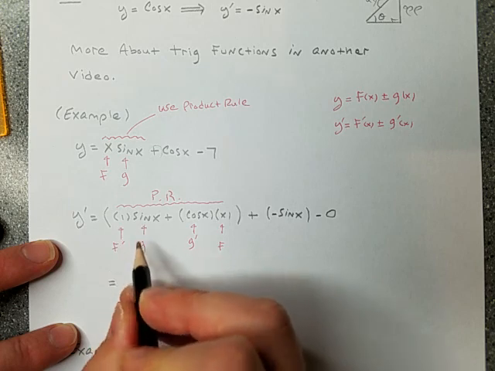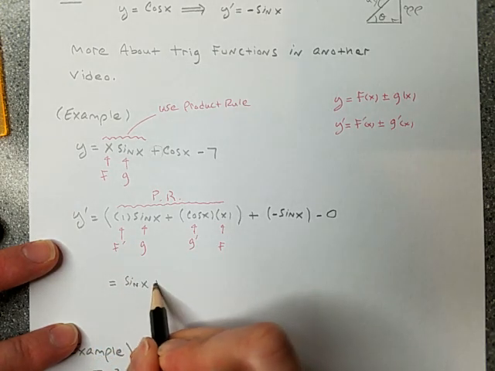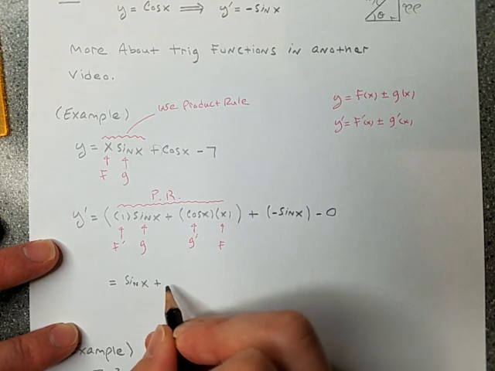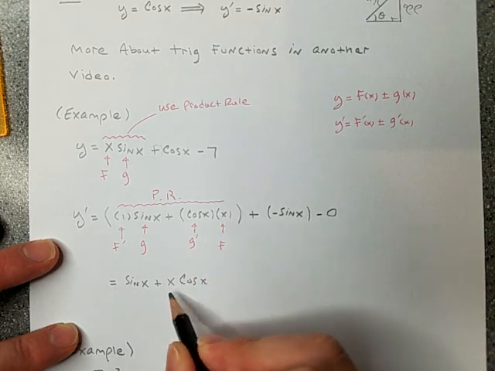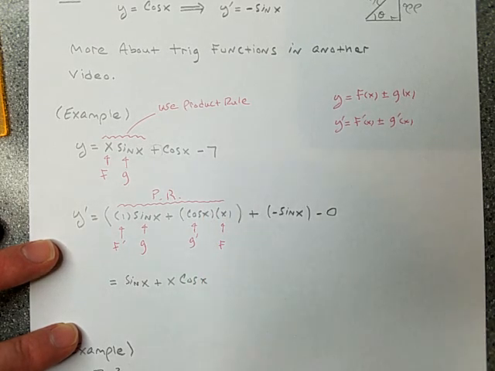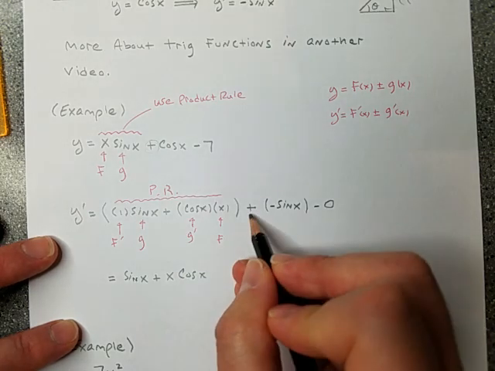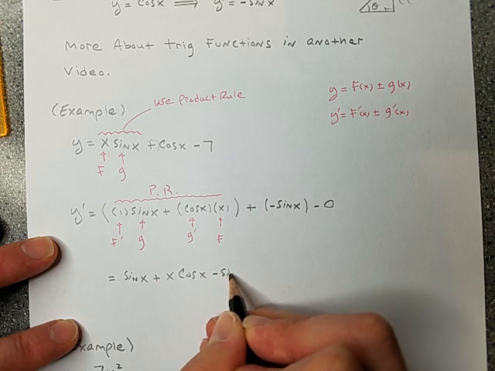We've got 1 times sine x. That's going to be sine x. And plus, cosine x times x. I think it's a little bit better to write the coefficient in the front, so I'm going to write this as x cosine x. And then I've got plus negative sine x. Well, I might as well say that's minus sine x.